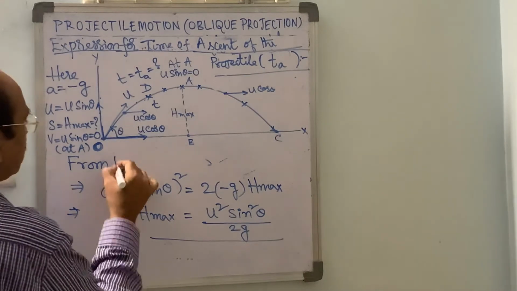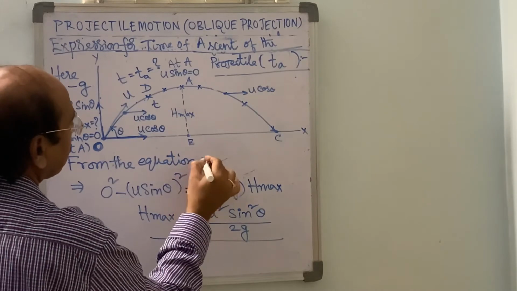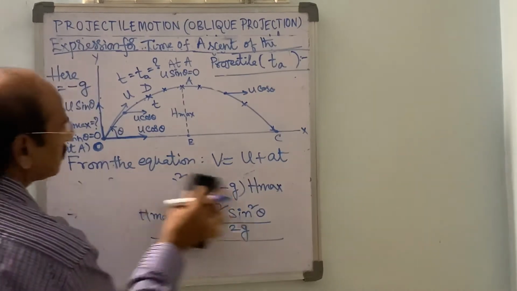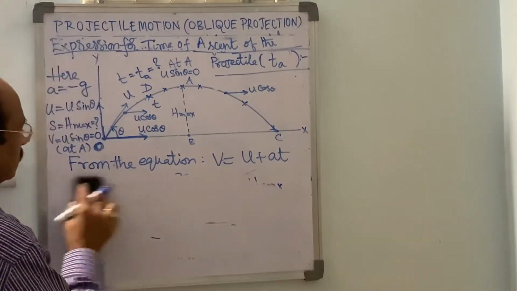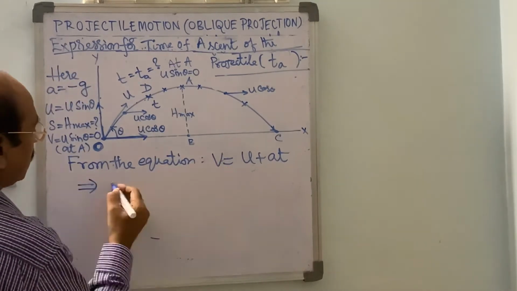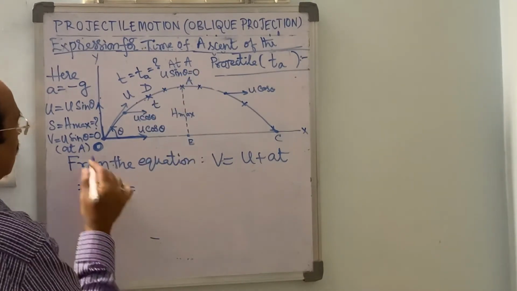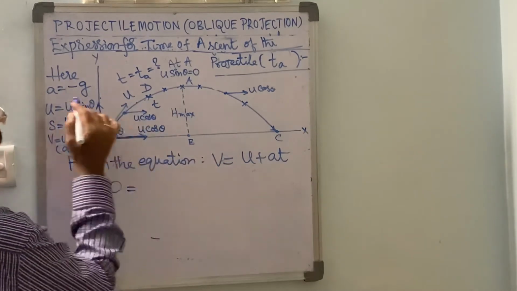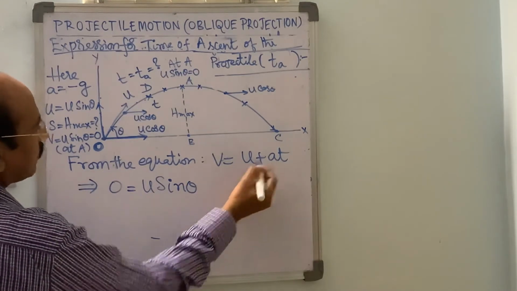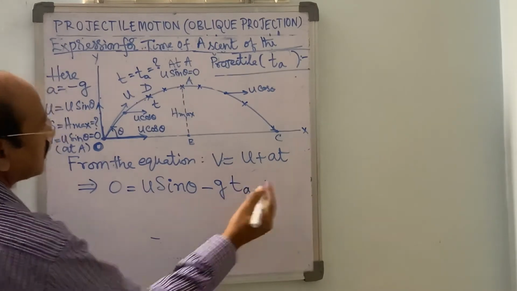Therefore, from the equation v equal to u plus at, v is equal to 0 at maximum height, u equal to u sin theta, a is equal to minus g, and t is the time of ascent Ta.